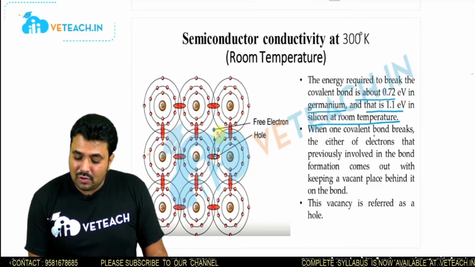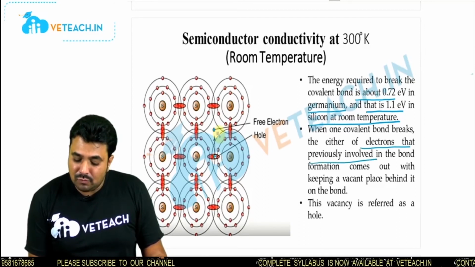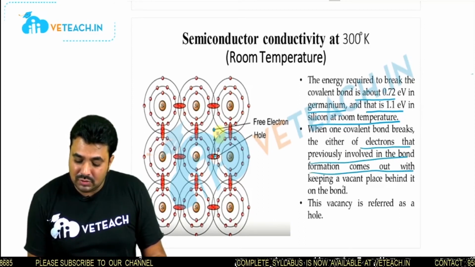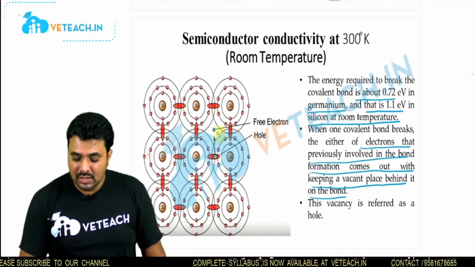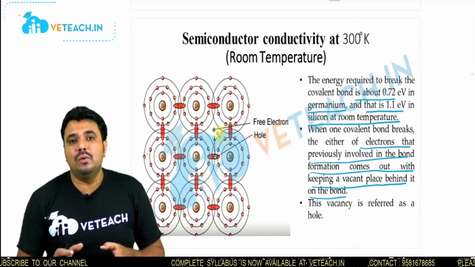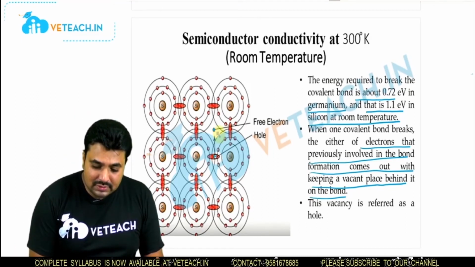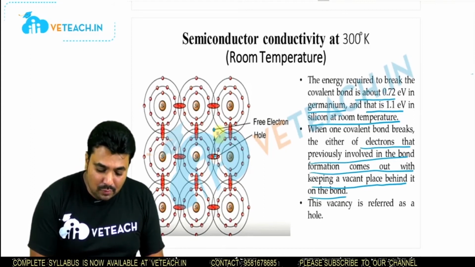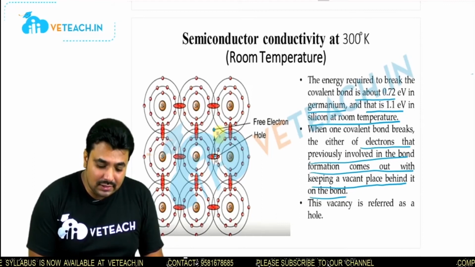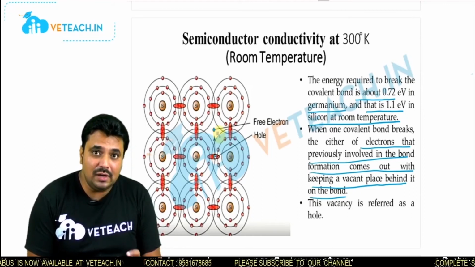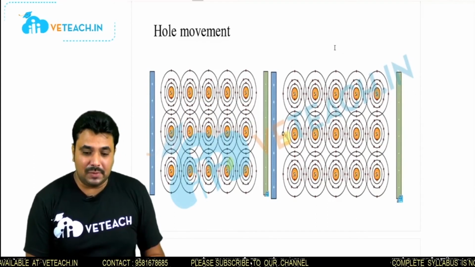When one covalent bond breaks, the electron that was involved in the bond formation comes out, leaving a vacant place behind in the bond. This vacancy is referred to as a hole. Once the electron moves from here to here, we say it is a hole. Here the absence of an electron is there, so that's why we call it a hole in the covalent bond. You can see the hole movement from one place to another.